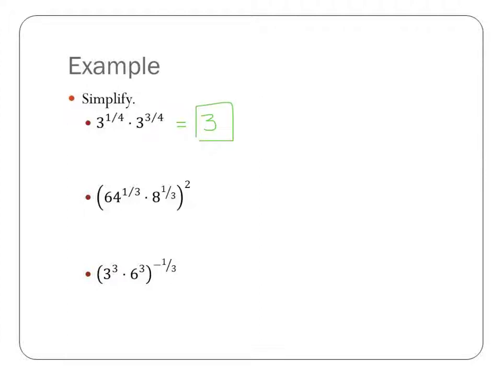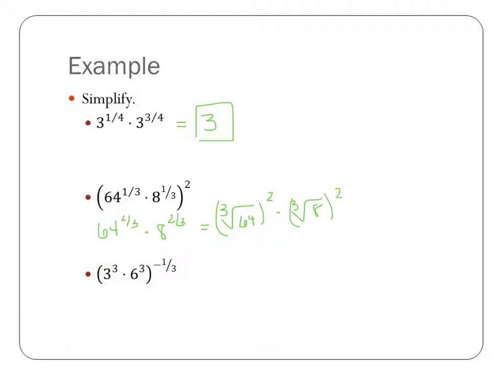The second one, there's two ways you can do it. The first way is you could just go ahead, if you have an exponent to an exponent, you multiply, and so this becomes 64 to the 2/3 times 8 to the 2/3, and then if you want to simplify those, that would be the cube root of 64 squared and the cube root of 8 squared.